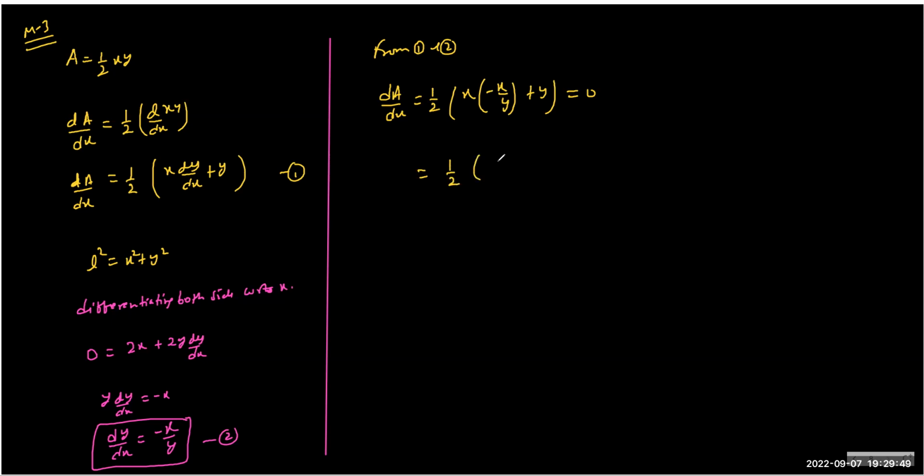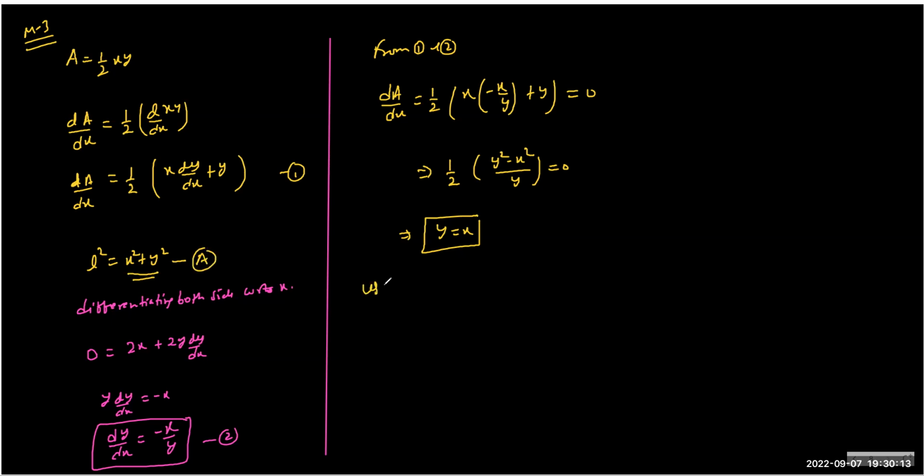Which means after solving I'll get y square equals to x square. And this will give me only one answer, that y equals to x. It means it is going to be maximum only when y and x are equal. And now we are done. Because y and x are equal, I can use the constraint.